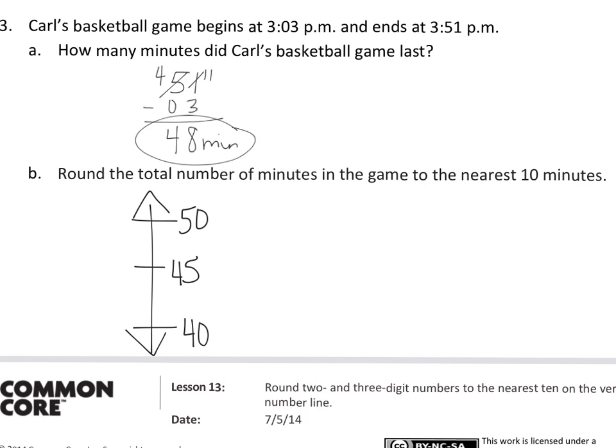Is that what your number line looked like? Hopefully. All right, so 48, 45, 46, 47, 48. So my 48 minutes, is it closer to 40 or 50? 48 minutes is about 50 minutes.